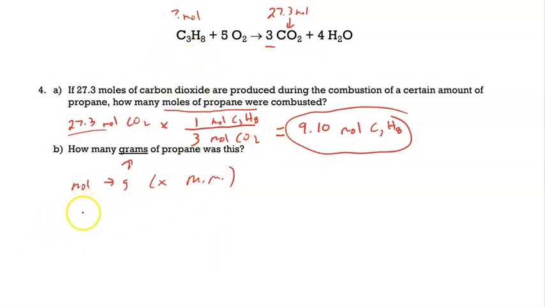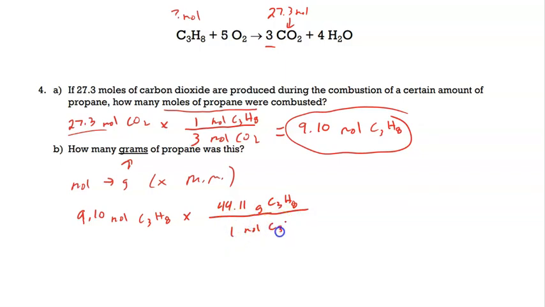All right, so I'm going to take 9.10 moles of propane. All right, I'm going to multiply by the molar mass, which is 44.11 grams of propane per 1 mole of propane.